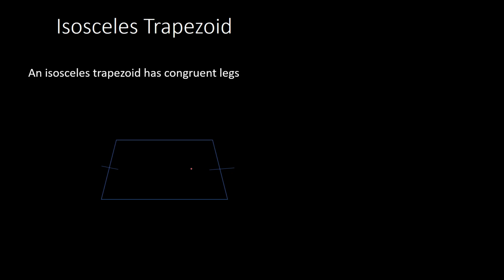So this would be an isosceles trapezoid. With an isosceles trapezoid, the base angles are also congruent, meaning this angle down here and over here would be congruent, and then the top 2 angles up there and right here would be congruent to each other as well.